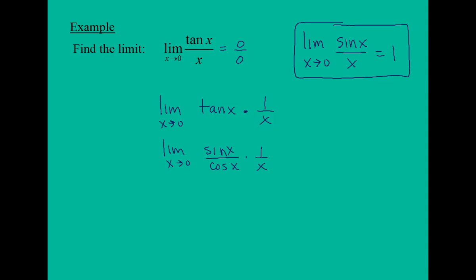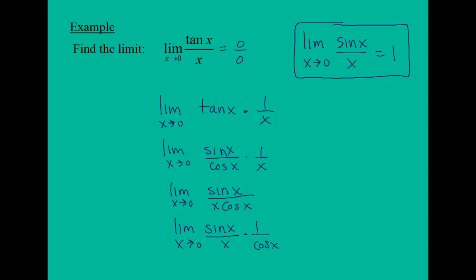And then I'm just going to rewrite this a little bit. Could I write this as the sine of x divided by x cosine of x? That's the same expression. And the limit of the sine of x divided by x times 1 over cosine of x is equivalent.